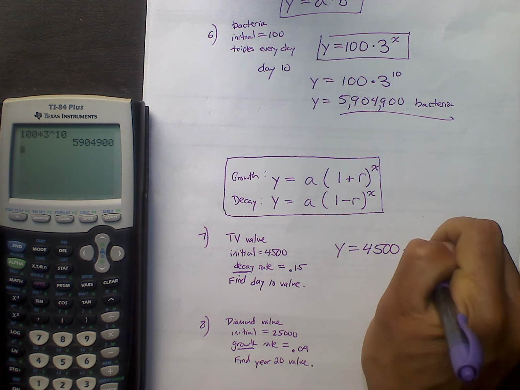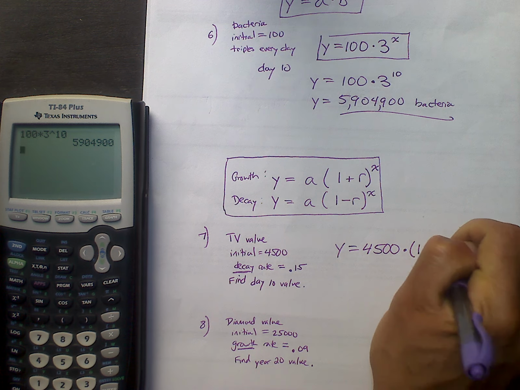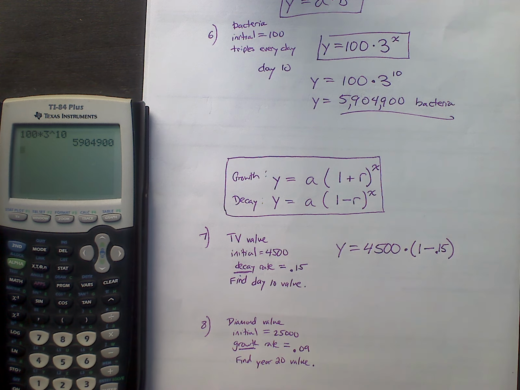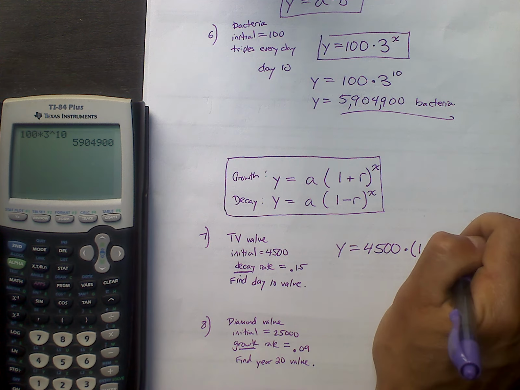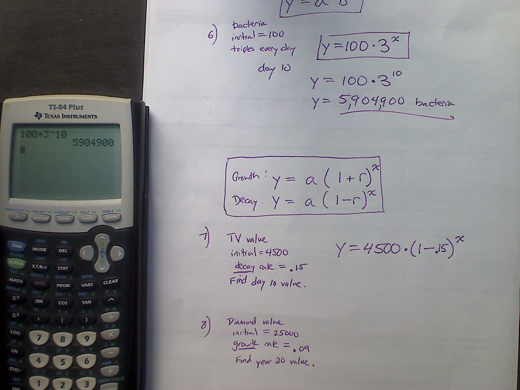I do 1 minus 0.15. And then I raise that to the number of days, because that was a daily decay rate. I'm sorry, a yearly. What is that one? Let me see. Nope, that's a yearly. Yeah, sorry. The TV would not decay that much in one day.